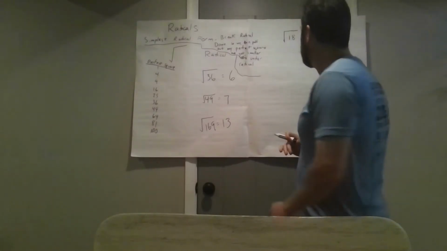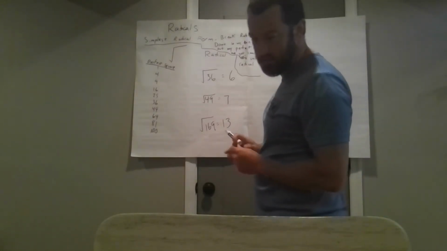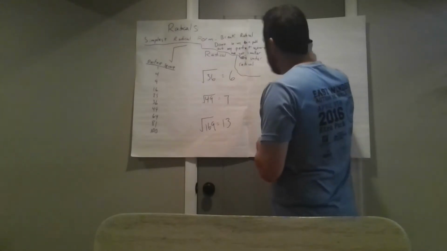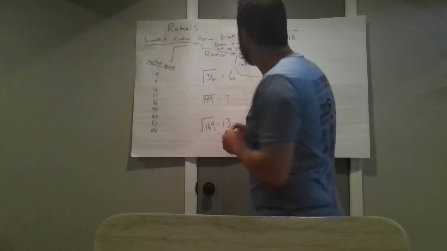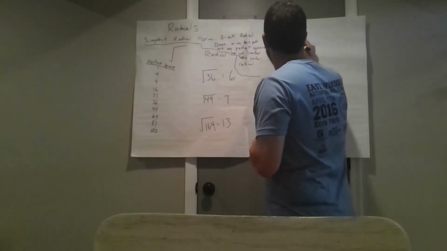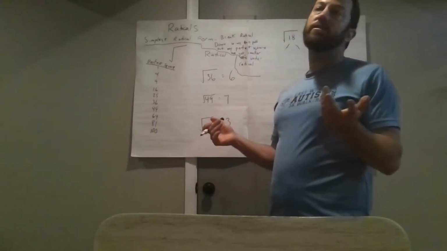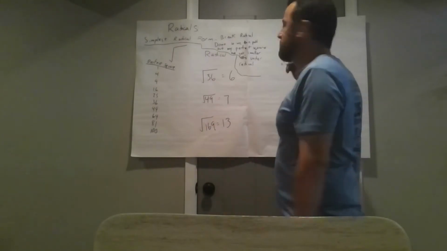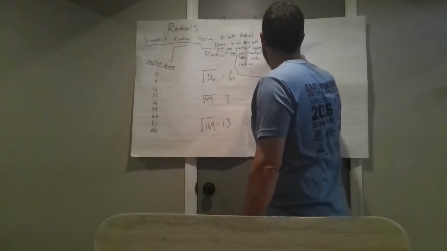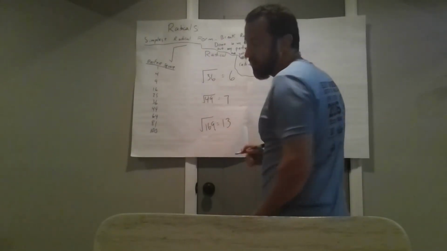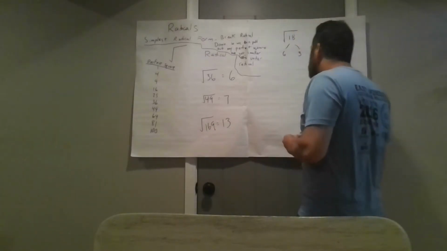So what we're going to do is we're going to take this and break it down by making a factor tree. So 18, all right, what is 18? What multiplies to get 18? Let's go with 6 and 3, all right? You could use 9 and 2.